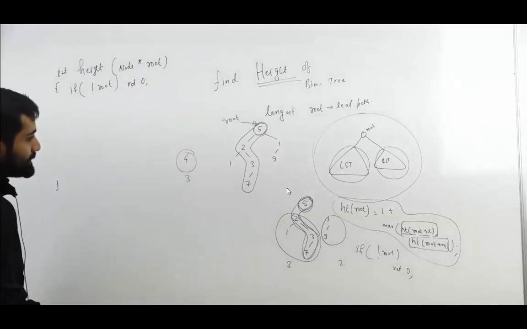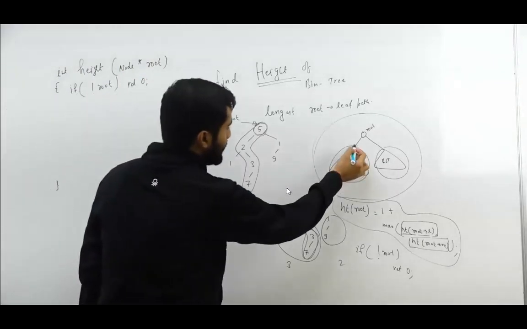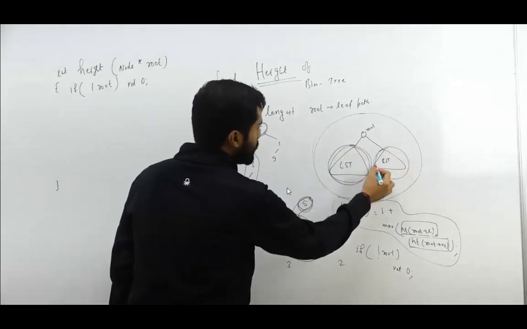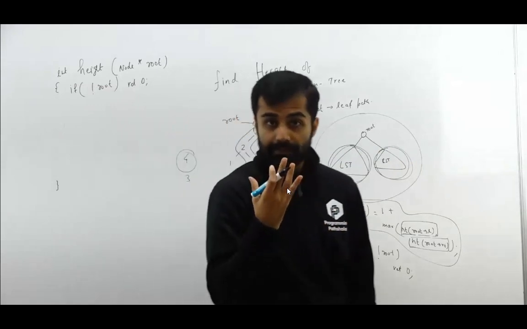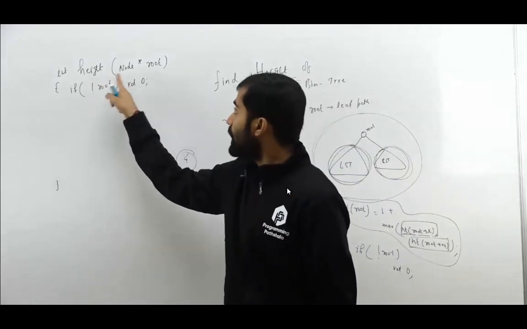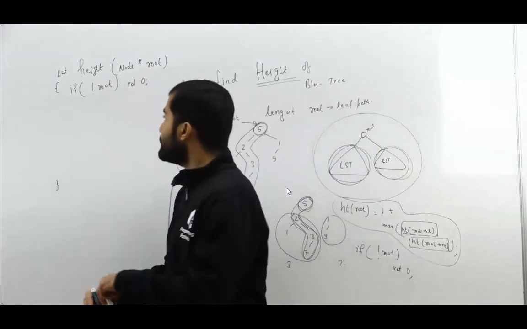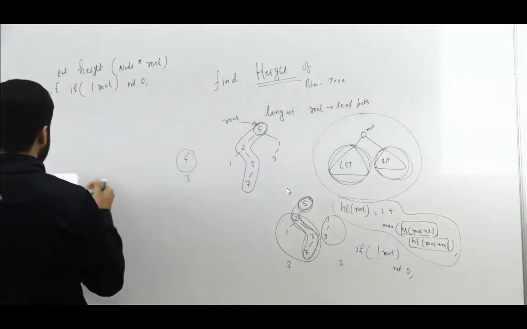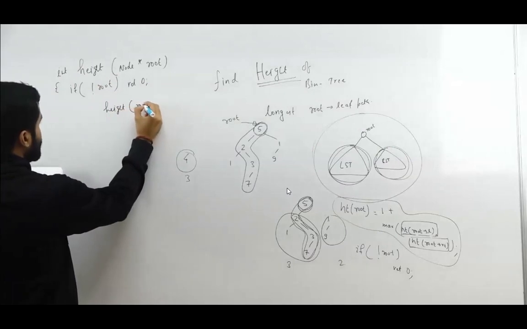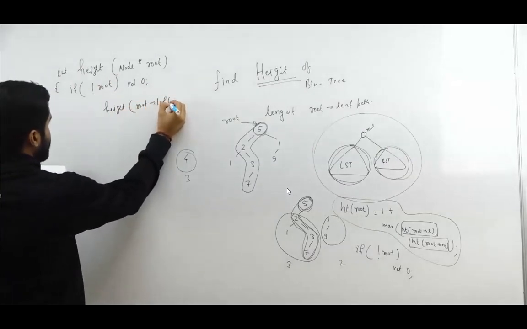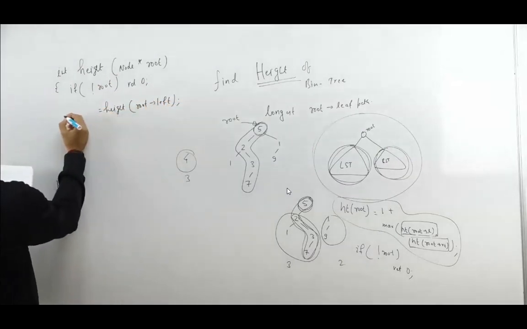Otherwise, what I'll do is I'll first compute the height of the left subtree, then I'll compute the height of the right subtree. How do you compute the height of the left subtree? By just making this recursive call on root left. I'll call this function height for root left, and it will supply me an integer.